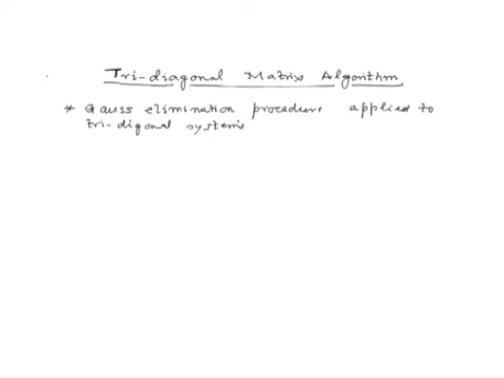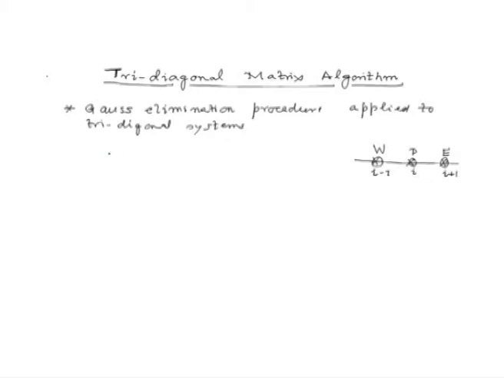So our generic equation, let us see how we write our generic equation on a 3-point computational stencil. P, E, W: P stands for I, E stands for I plus 1 and W stands for I minus 1.